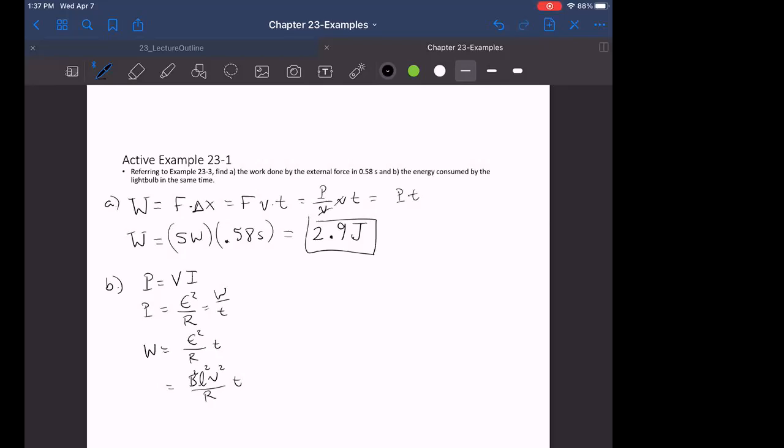And we have all those numbers. We could plug them in right now, or we could keep trying to derive stuff, right? And see if we just end up with P times T. You want to keep trying to derive, or do you just want to plug numbers in? We have all those, don't we? We have B, we have L, we have speed, we have R, we have T.